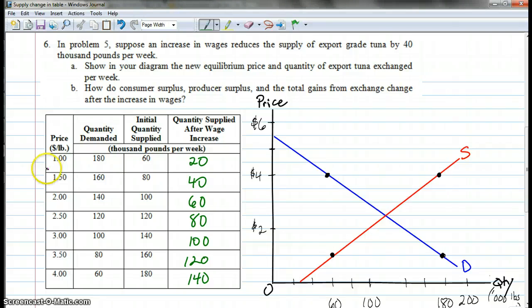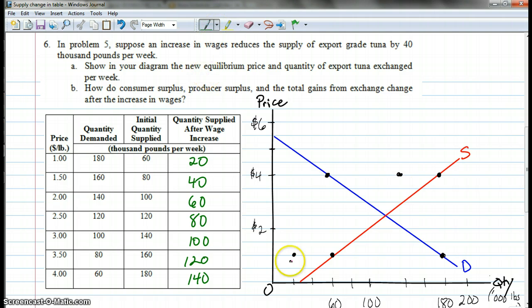So I'll probably stick with my $1 price and plot the quantity supplied now not at 60 but at 20,000. So here's 60, here's 20. That would subtract 40,000 pounds per week at that $1 price. At the $4 price, formerly 180,000 pounds per week, now 140,000 pounds per week. So about there.